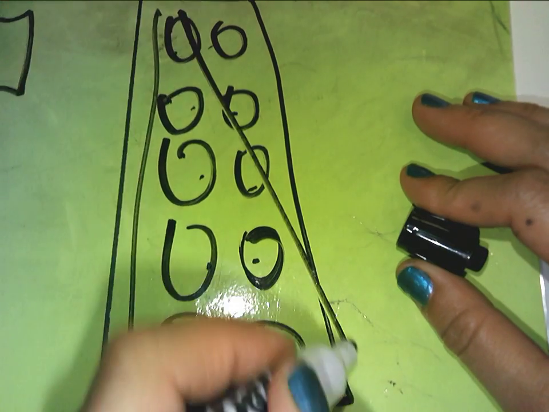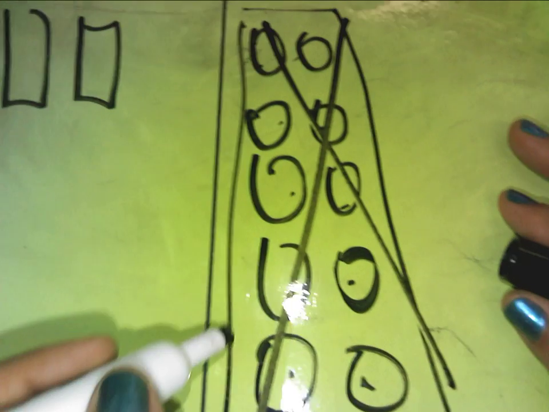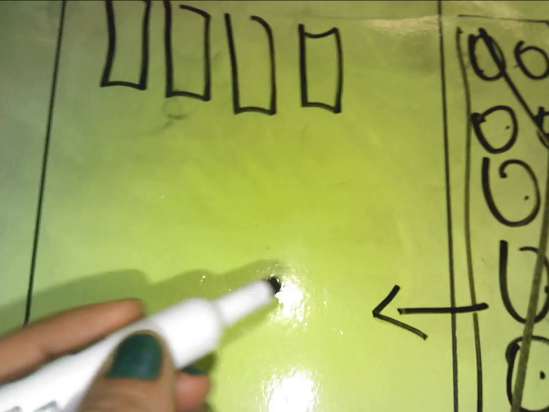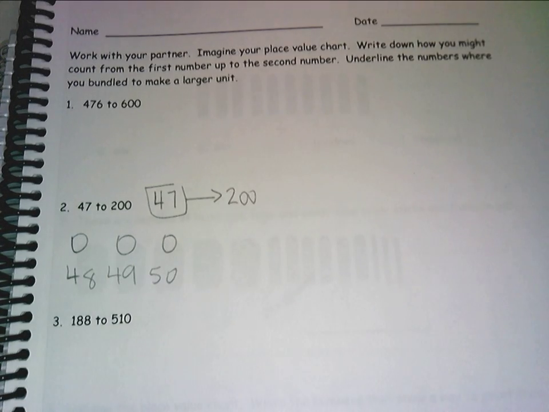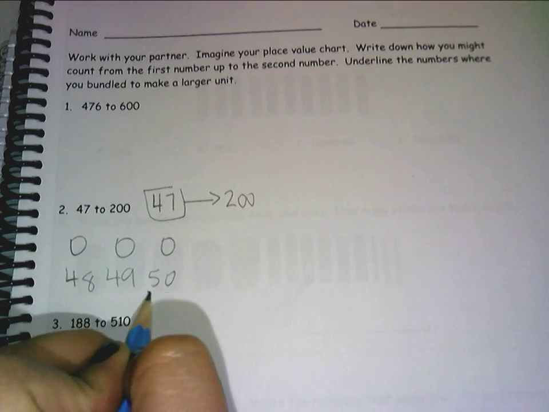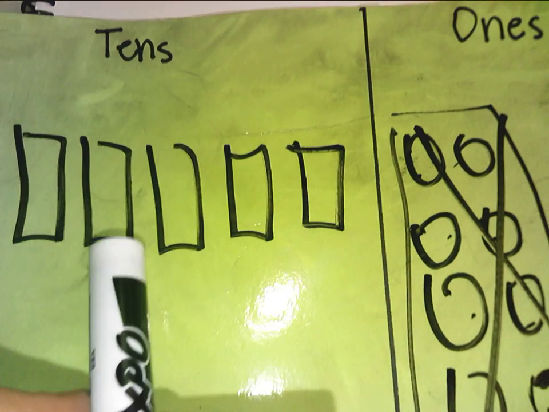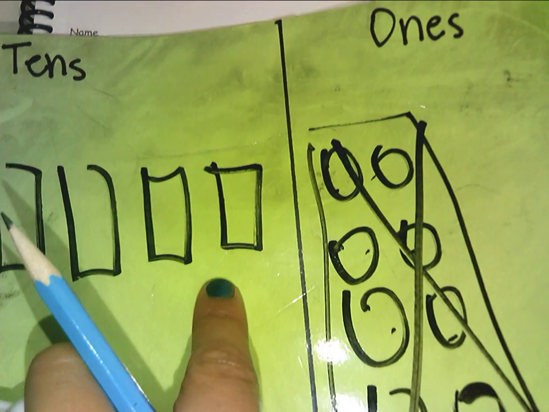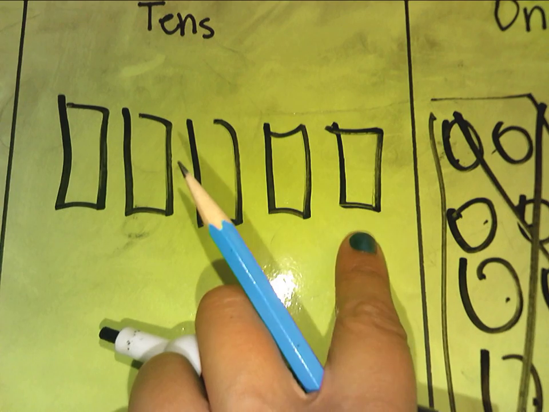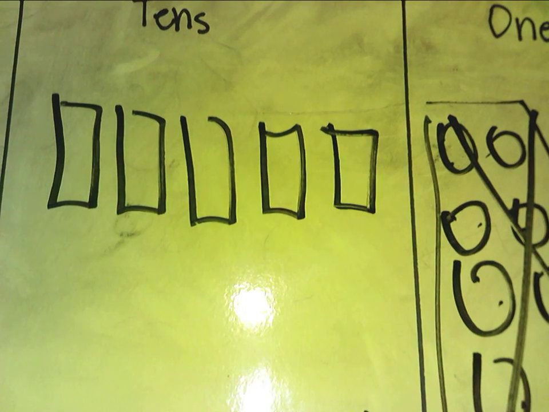So I cross these off, draw an arrow, and then draw this group of 10. So right here, when I got to 50, I regrouped, so I'm going to underline it. Now I have 10, 20, 30, 40, 50, which is what I had right here. Just now, instead of 10 ones, I have a group of 10 here, so that would make a total of 5 tens.